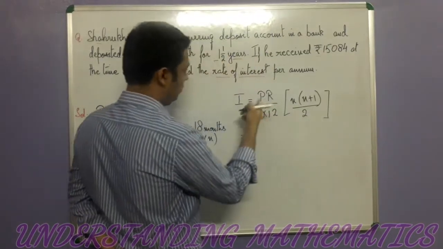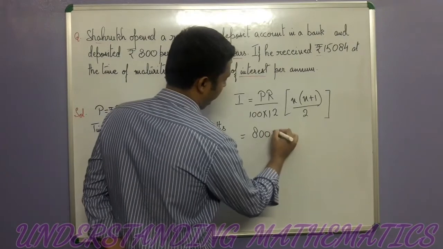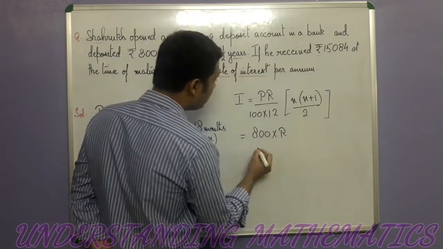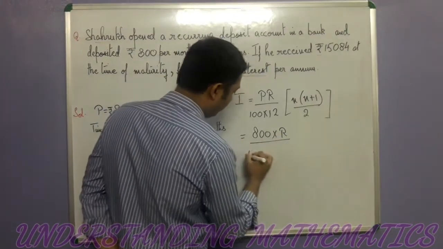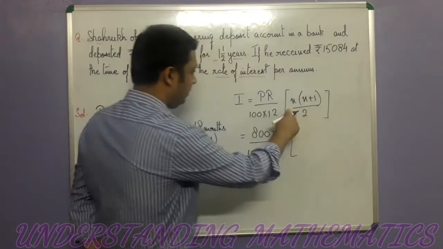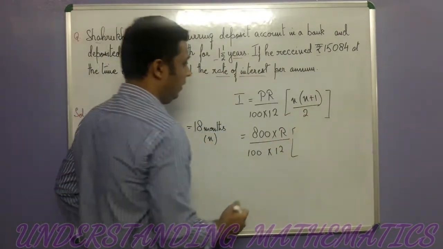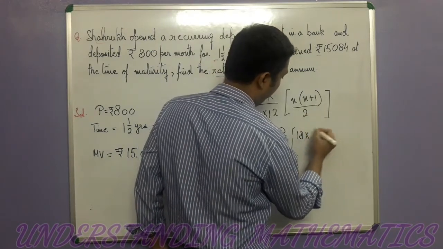Substitute the values. So P is 800. Rate of interest is not known to us. We need to find it. So let us keep it as R only, divided by 100 into 12. And how many months are given? 18 months we have calculated, so this n will give us 18 and n plus 1 will give us 19.